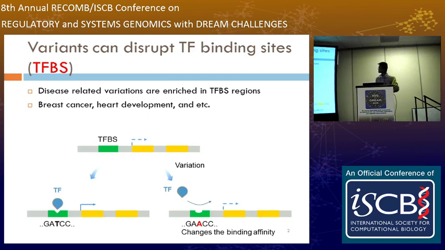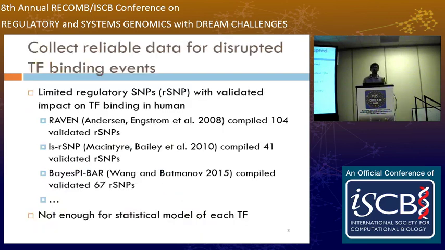This is really my goal: to predict whether certain variations would impact the specific transcription factor binding. The first key question for me is that if you want to build a statistical model, you need to collect enough data of the disrupted binding sites. But when you look at the literature, there are very limited regulatory SNPs with validated impact on TF binding.